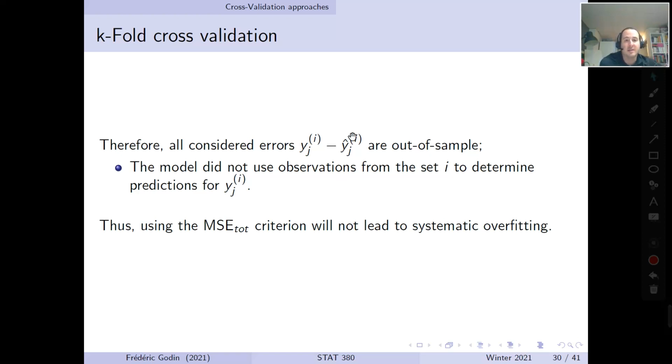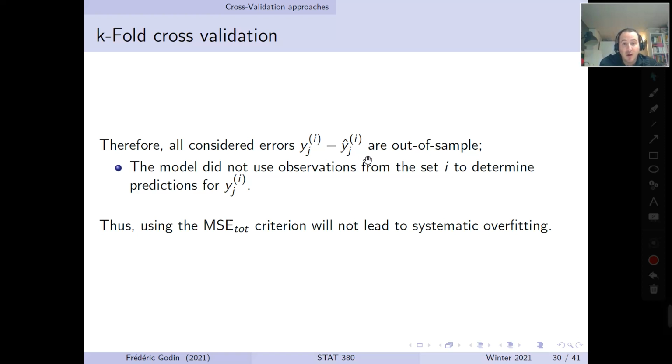Whenever we consider the prediction error in one of the iterations, in one of the folds, the jth response for fold i or subset i minus the prediction, the prediction errors are really out of sample, because whenever we came up with this prediction, it involved calculations relying on data or on responses for all folds except the ith one.